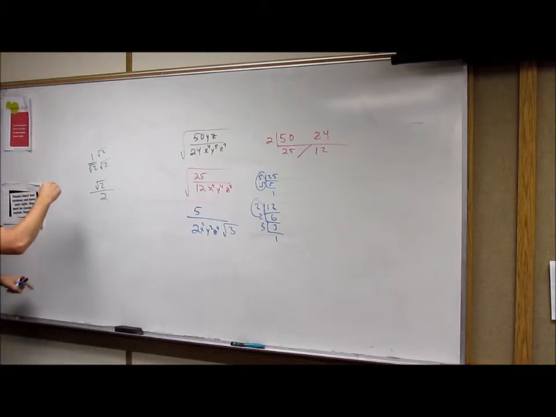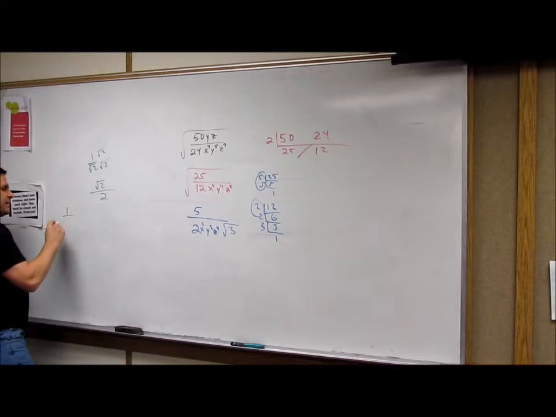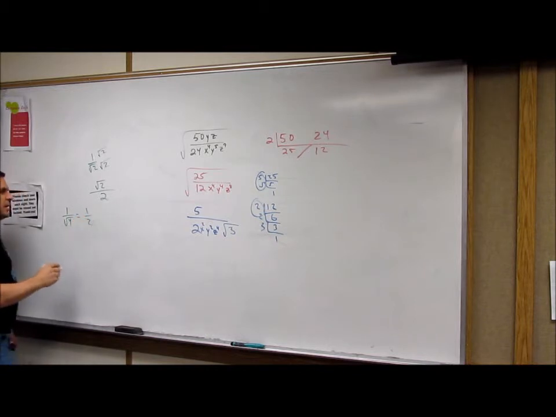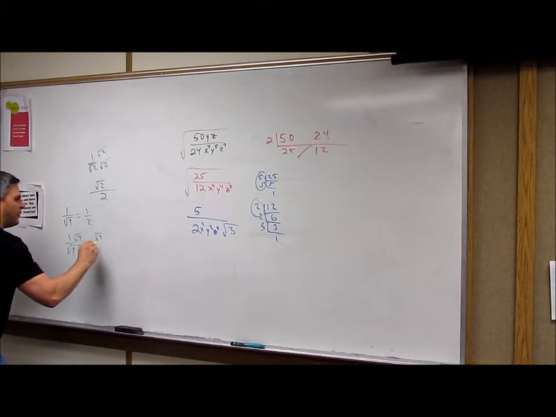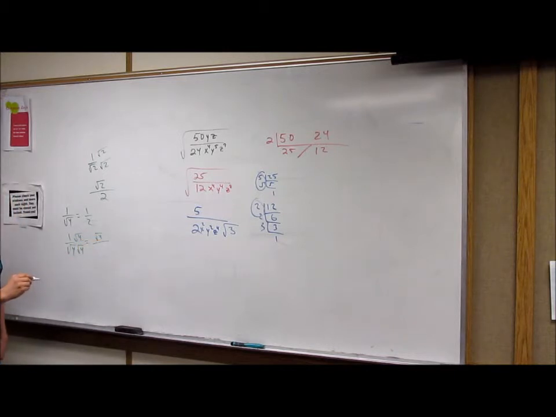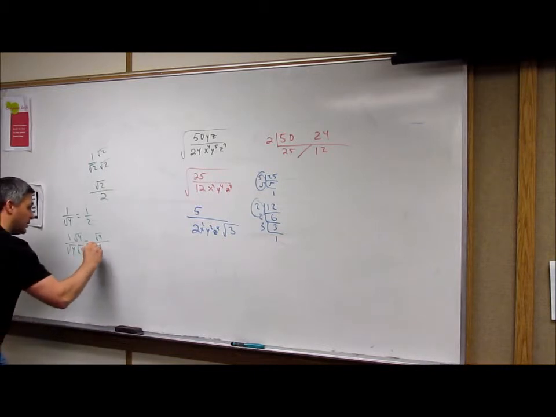Okay? So when we do that to this one to double check it, just double check it real quick. 1 over the square root of 4 equals 1 over 2, right? So 1 over the square root of 4 times the square root of 4 over the square root of 4. And what does that equal? Well, that equals the square root of 4 over 4, right?